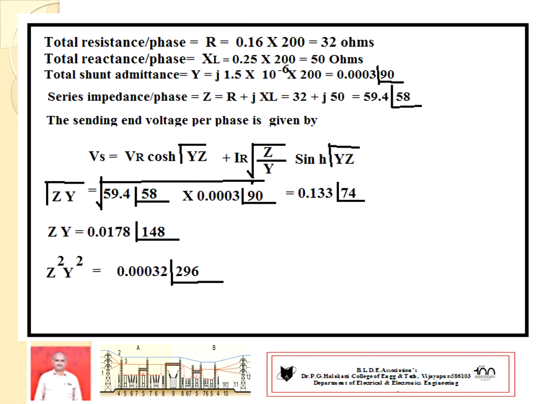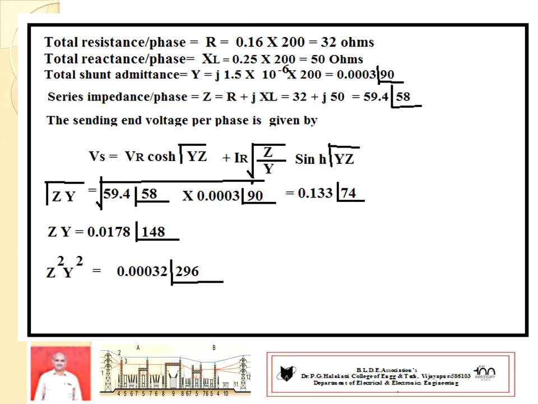In a similar fashion, inductive reactance per unit length per phase is given. So you calculate the total reactance per phase. It should be equal to reactance per unit length into length of the line, 50 ohms. Total shunt admittance should be equal to shunt admittance per unit length into length of the line.